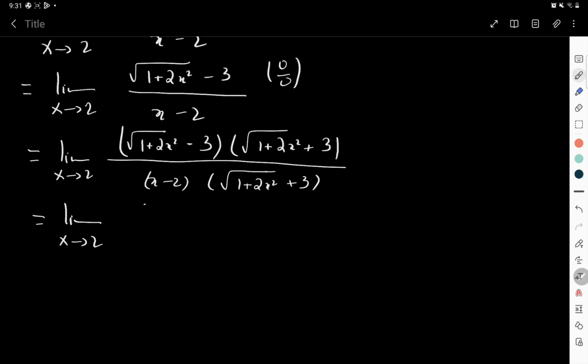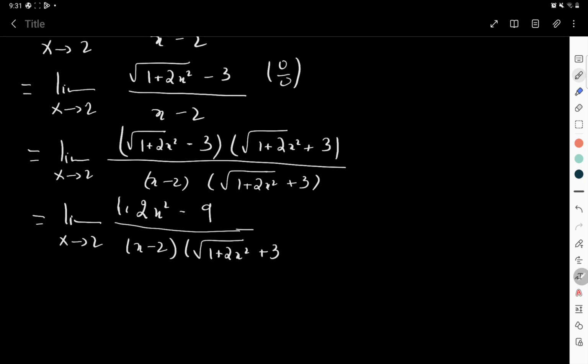So let us factor on top. What do we get? We get 1 plus 2x squared minus 9 over x minus 2 times the square root of 1 plus 2x squared plus 3. So this is the limit as x goes to 2 of, let me do it quickly, 2x squared minus 8, right?